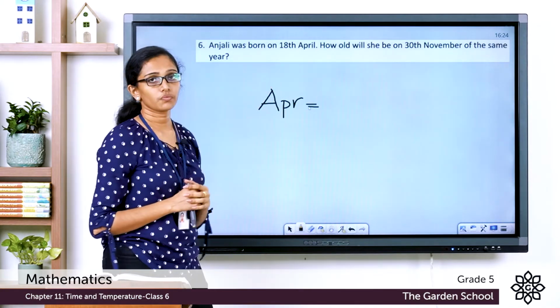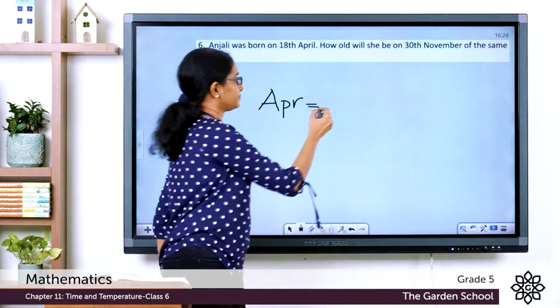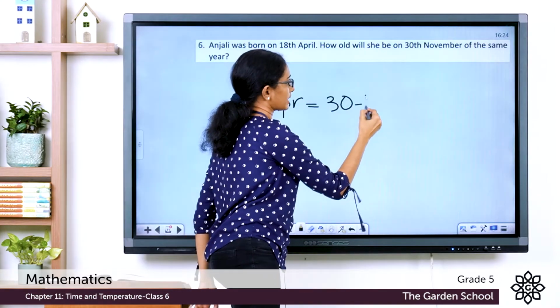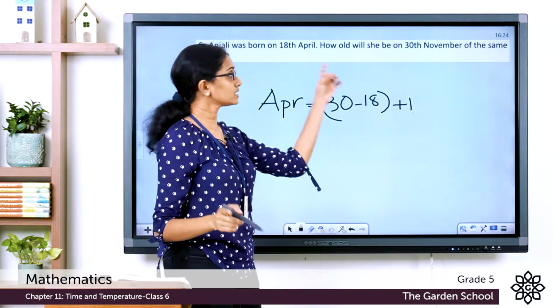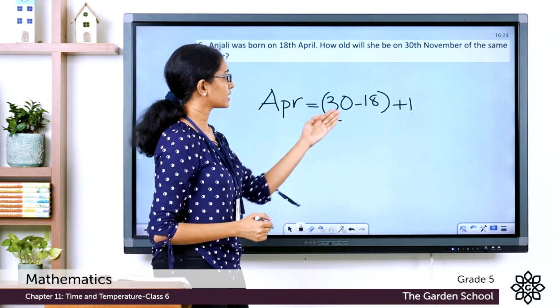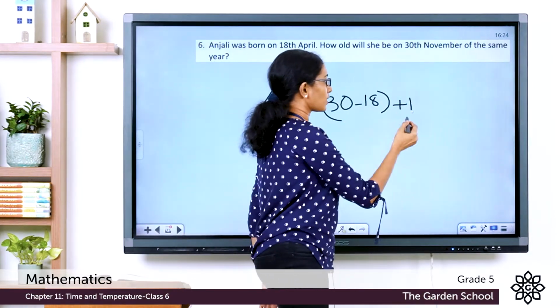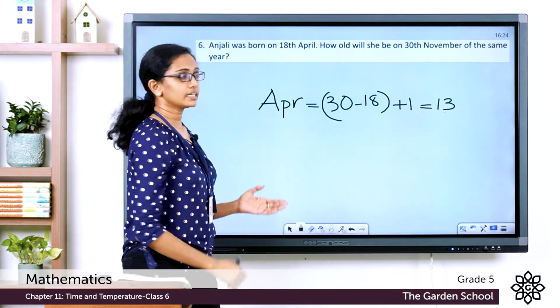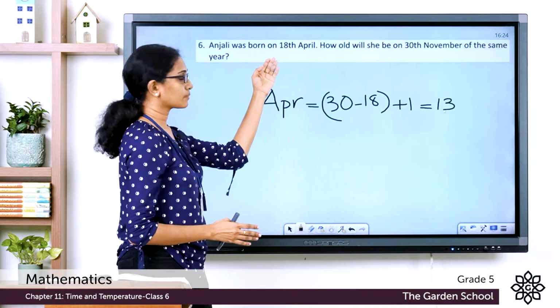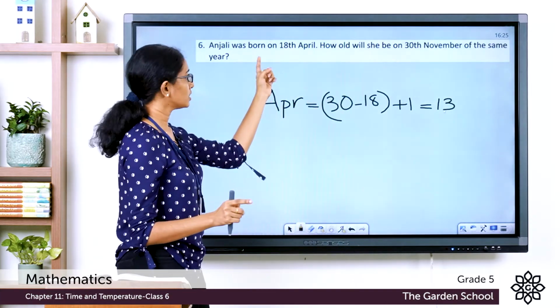Including this 18th of April, there are 30 minus 18 plus 1. This plus 1 is this 18th of April. So 30 minus 18 is equal to 12 and 12 plus 1 is equal to 13. There are 13 days from the 18th of April to the 30th of April, including this date.